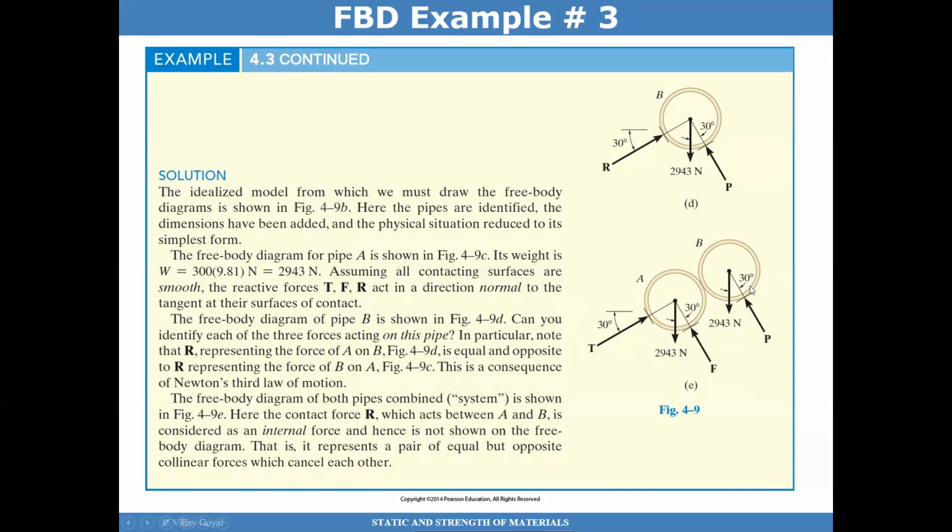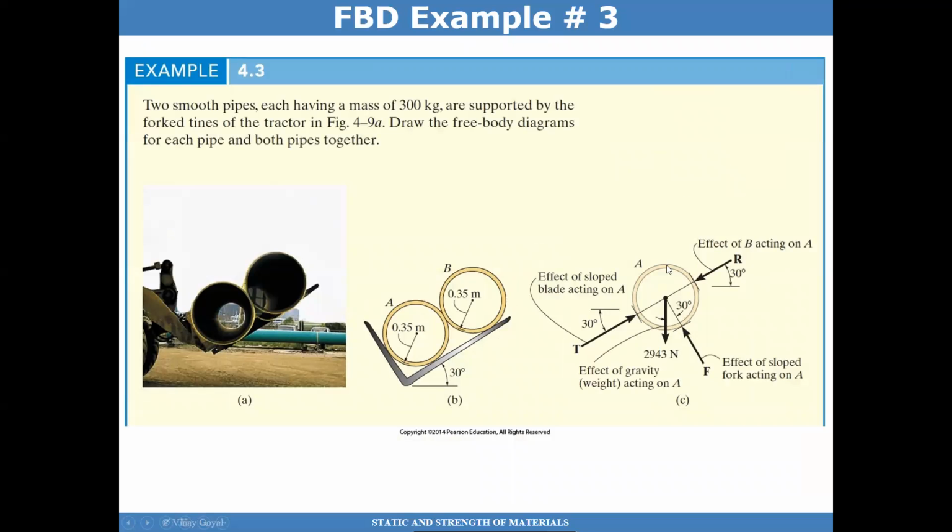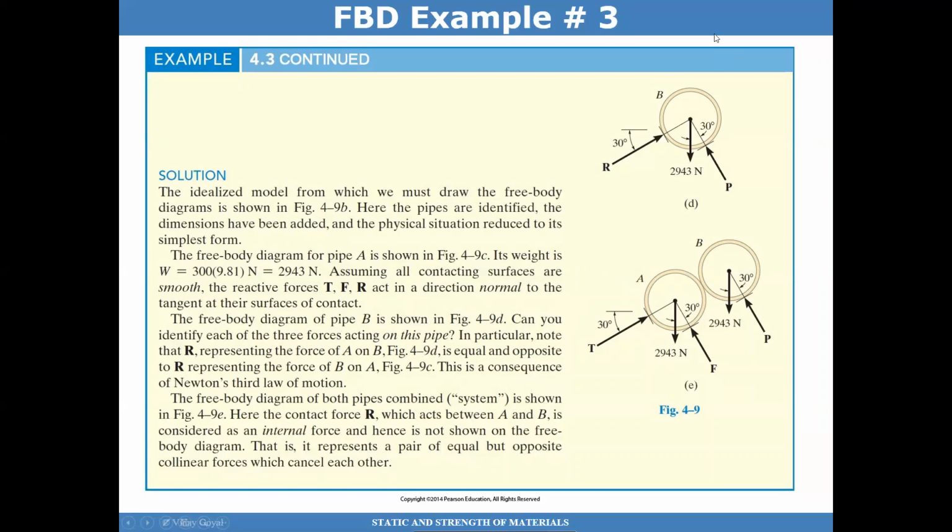And that'll be it, because now this is a free body diagram for pipe A and B together as a system. So this example illustrates that it's possible to determine a free body diagram for each of the pipes separately, but we also can draw a free body diagram of these pipes together.